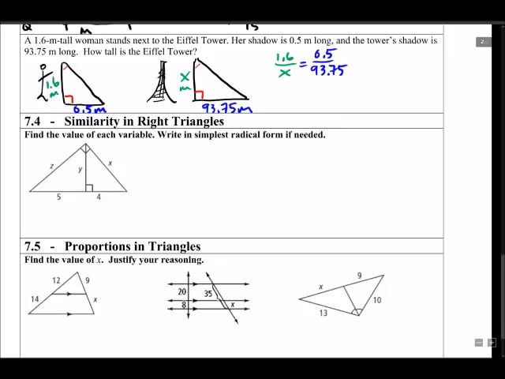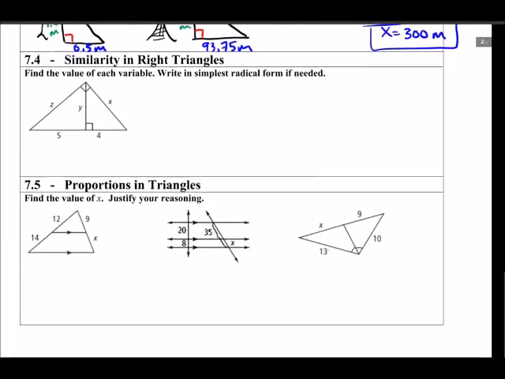So 0.5x equals, oh, that's convenient, 150. Math is fun. Divide by 0.5 on both sides. That's just like multiplying by 2. So x equals 300 meters tall. Eiffel Tower's pretty big.